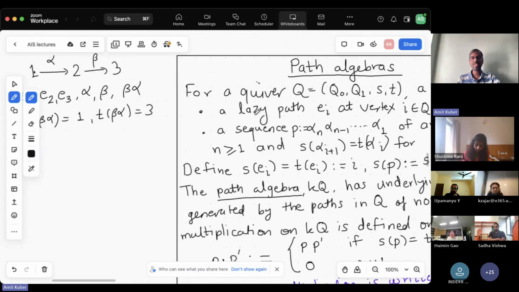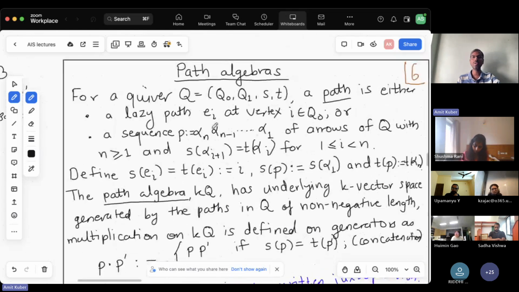A path is just a lazy path or a sequence of arrows with n bigger equal 1, such that their source and targets appropriately agree. The source and target of the lazy path is just the same vertex, and source of any other path is source of the first letter, and the target is the target of the last letter. The first and last concepts are relative, but this is my convention. I already showed you what the convention is.